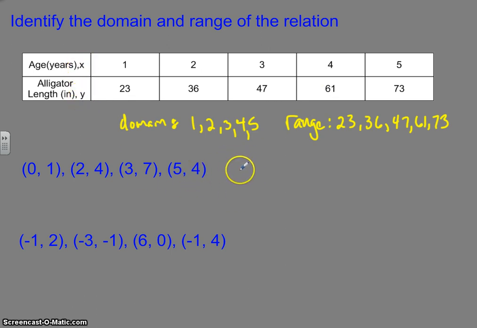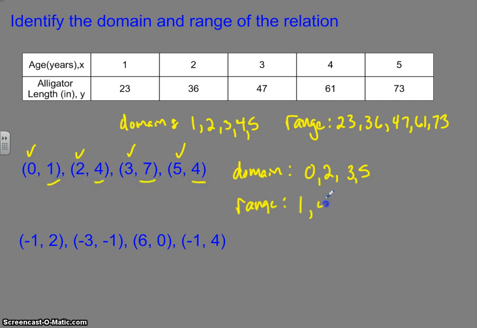Let's look at this. What's the domain of this relation? Well, choose the x values. Here, here, here, and here. So that's 0, 2, 3, and 5, separated by commas. The range would be the y values in this thing, which are here, here, here, and here. So I've got 1, 4, and 7. Notice I have 4 twice. I do not have to write 4 twice here.